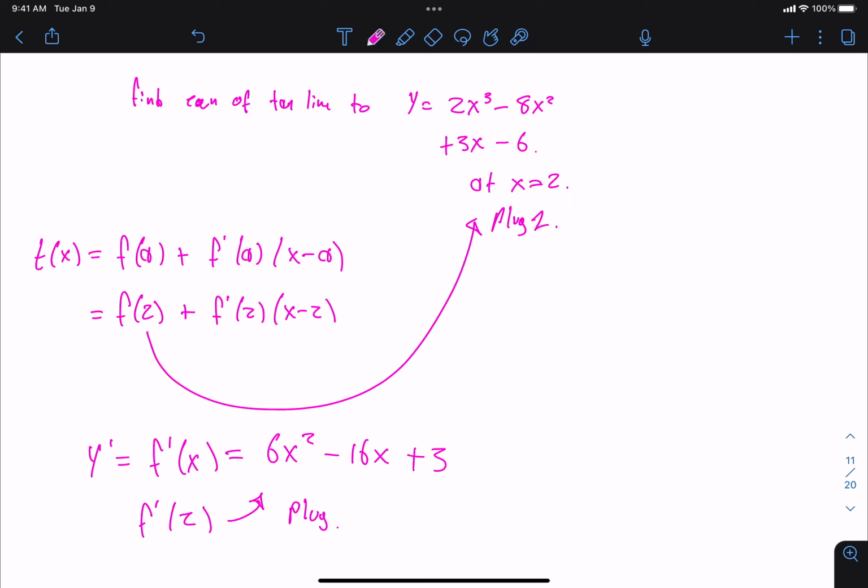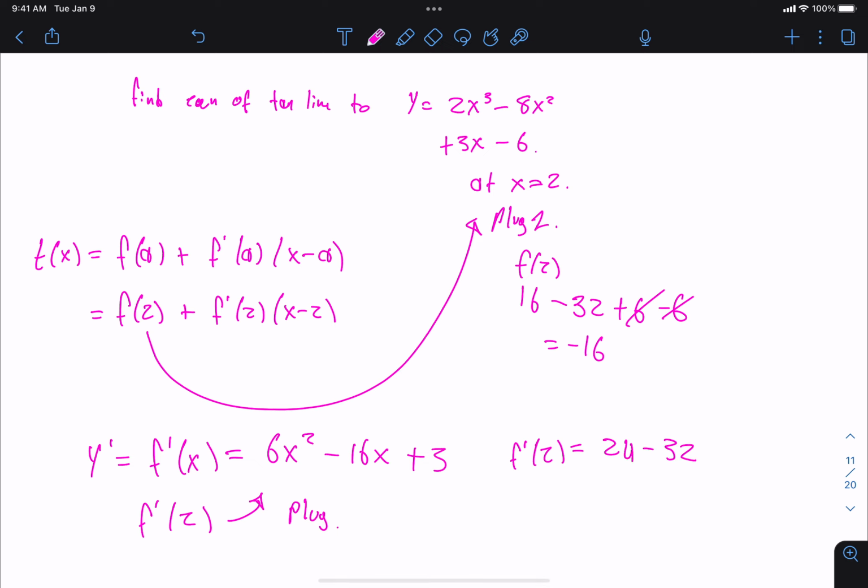So okay, let's go through it. So let's do f of 2. What do we get? We get 2 to the 4, which is 16, and then minus 32, and then plus 6, minus 6, right? So f of 2 is minus 16. And then f prime of 2, when we plug in here, we get 6 times 4 is 24, minus 32, and then plus 3.